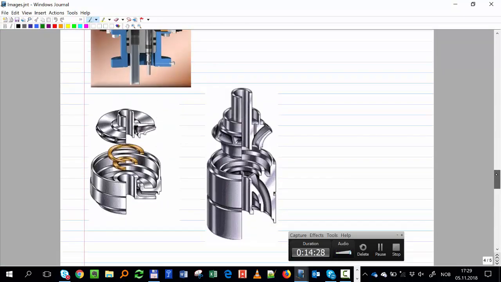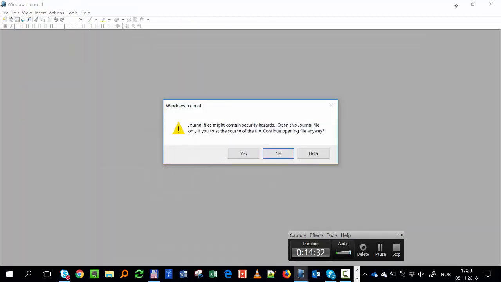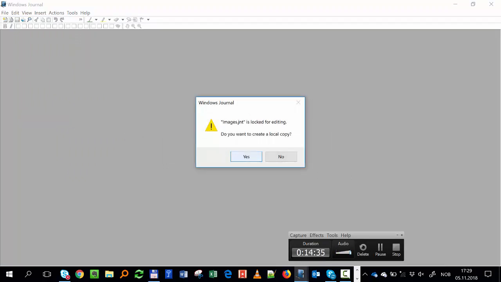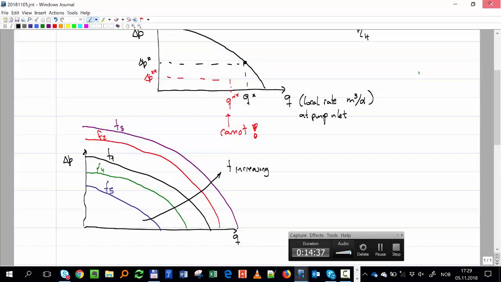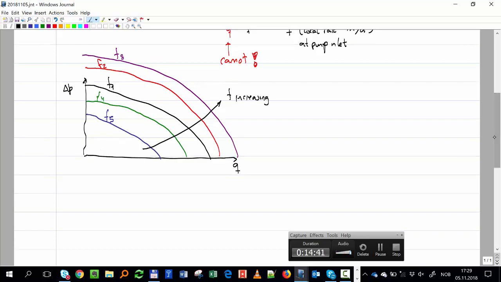Now, it's not that I can go in all the range of the ESP. It's not like I can take any point. There are two very important limits that I have on my curve.